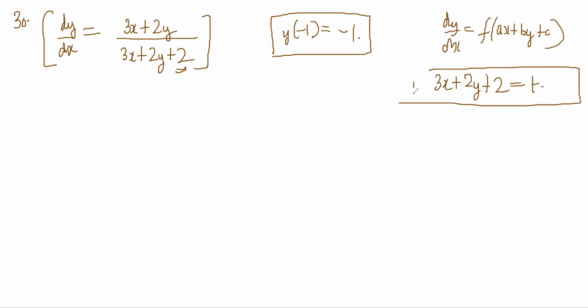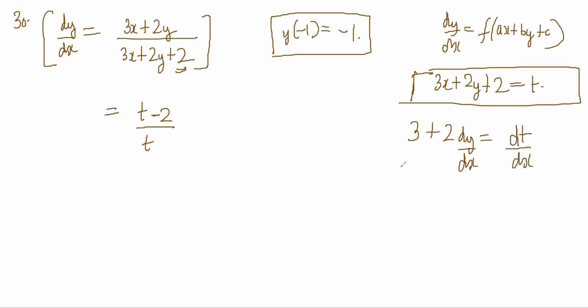If you put this as t, on top is t minus 2, so we get t minus 2 by t on this side. And dt by dx is 3 plus 2 dy by dx, so half of dt by dx minus 3 is equal to this.